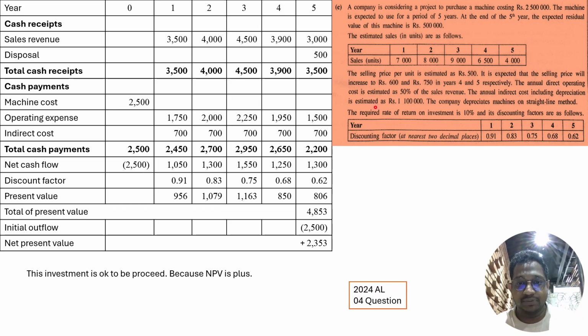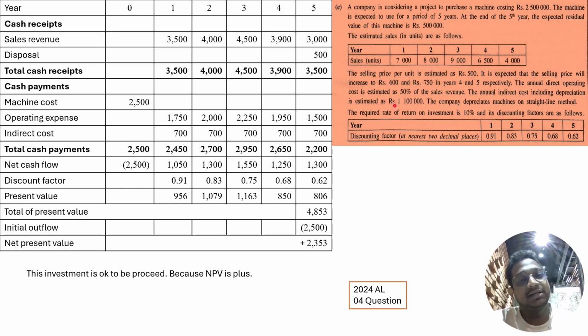And the annual direct operating cost is estimated as 50% of the sales revenue. And from this, you have to get the 50% as the operating expense. And then the annual indirect cost, including depreciation, is 1,100. So when it says including depreciation, when you are recording the cash flows, you have to exclude the depreciation from the expense.